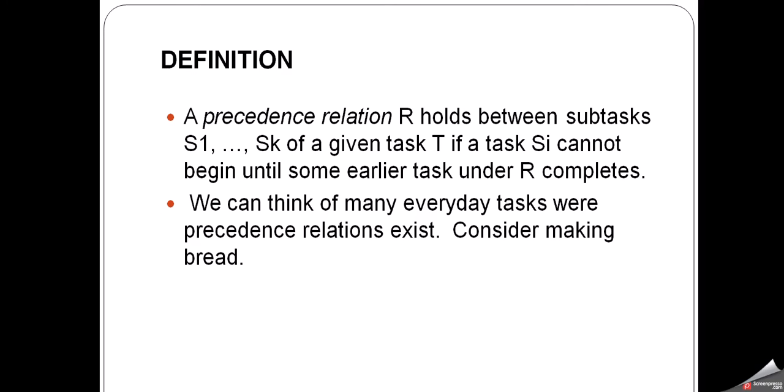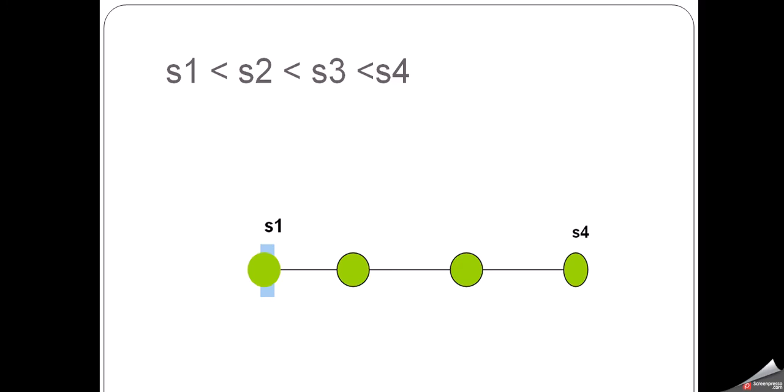So a precedence relationship R holds between subtasks S1 to Sk of a given task T if any of the tasks Si, between 1 and k, cannot begin until some earlier task under R completes. And have a bit of fun thinking about examples.